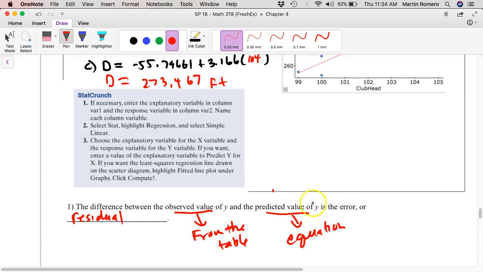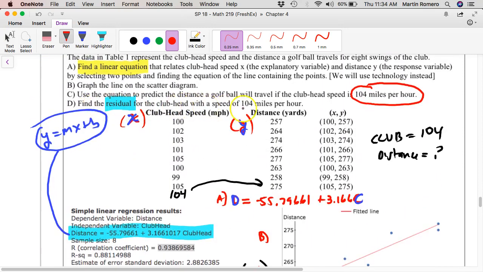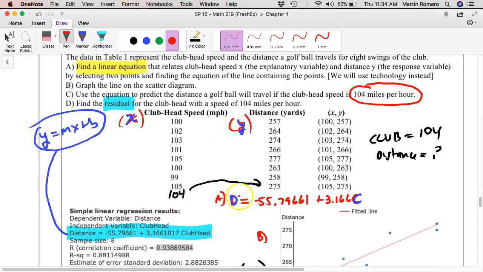So the residual equals observed, what you get from the table, minus predicted. The question here asks us to find the residual for club head speed 104. Actually, I want to change it to 103, because 104 is only a predicted value; we don't actually have it in the table.